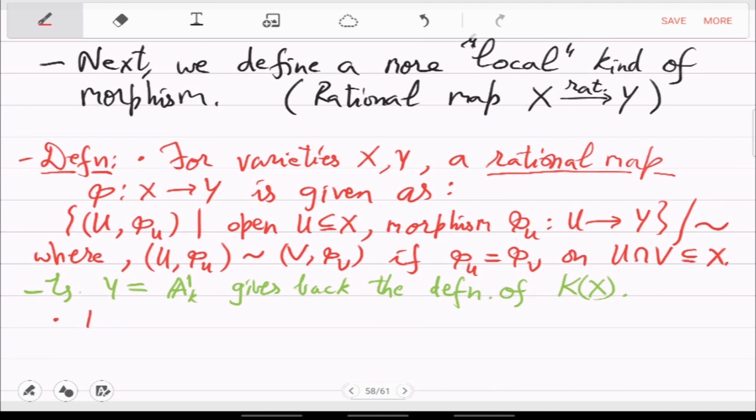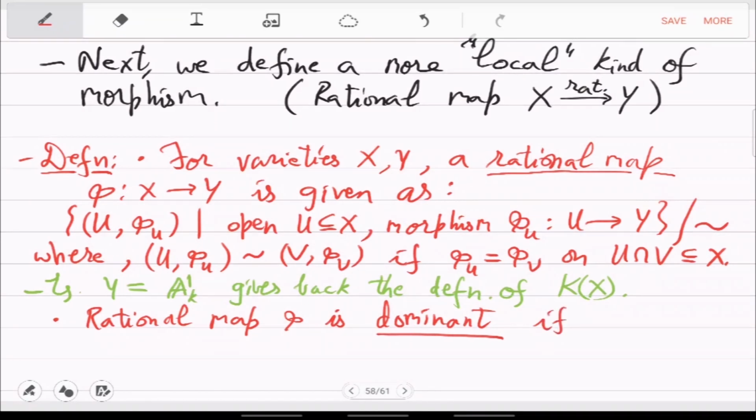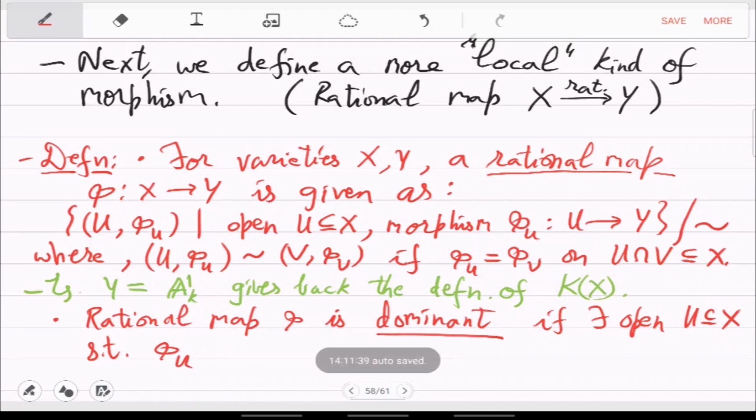So, rational map phi is called dominant if there exists an open U such that the corresponding map from U to Y is dense in Y. So I have to define this term in case you don't know what dense set means in a variety.